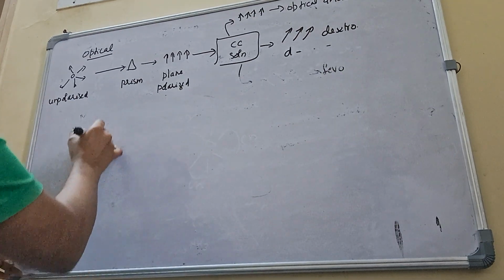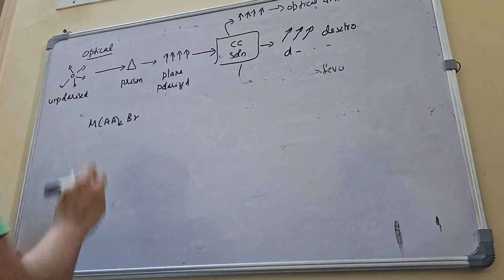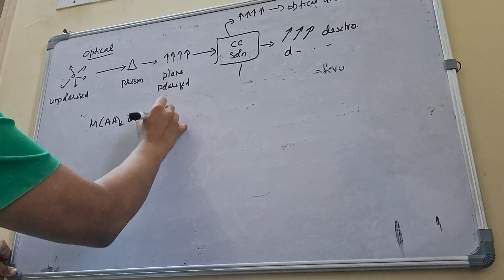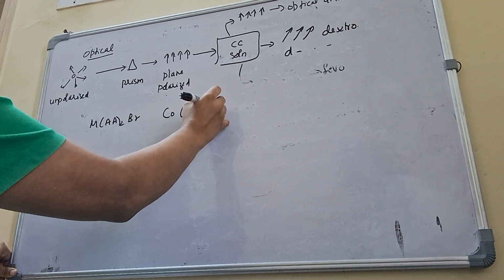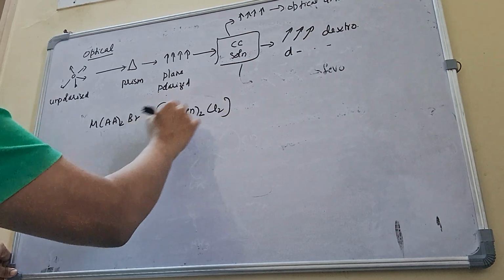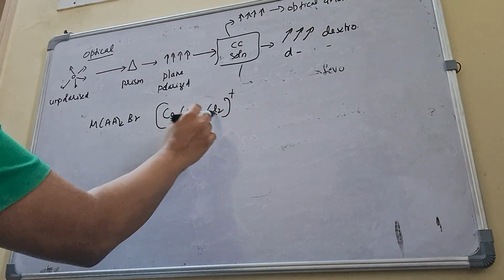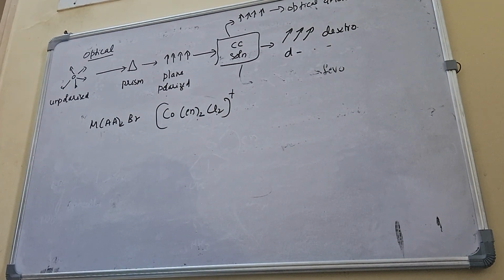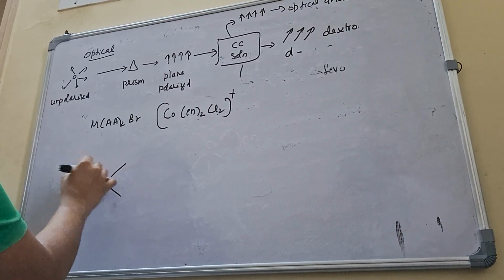Okay, next, MAA2B2. Like for example, in the case of cobalt, en2Cl2 plus. What is this? Coordination number 6, it's octahedral. Now think about it. What is one option? Okay, so one option is this.